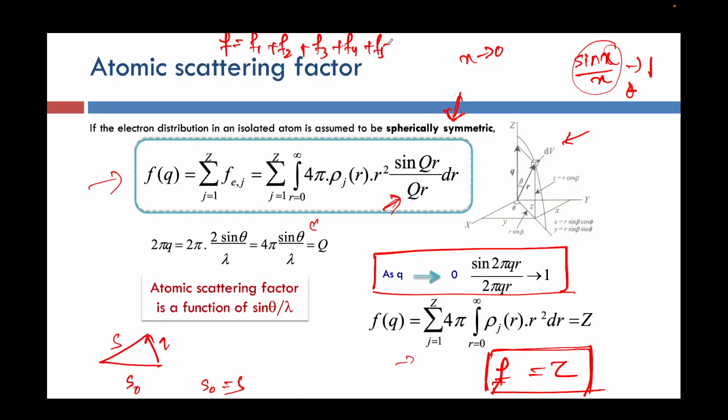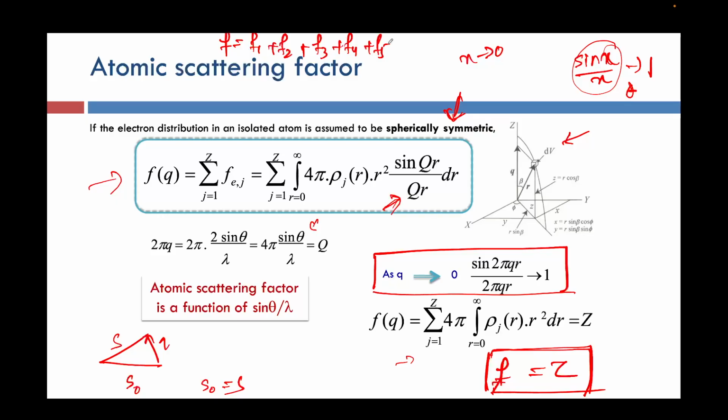No other terminology is associated with it. So 5 means hydrogen, helium, lithium, beryllium, boron. That means all of my electrons are contributing to the maximum scattering factor. It is not any more scattering taking place; rather the beam is completely transmitting.